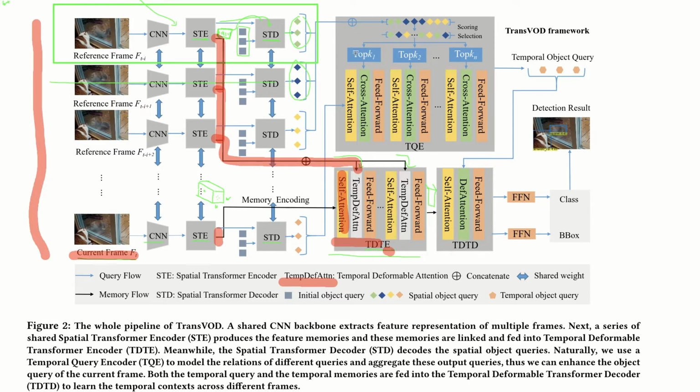Now we look into the TQE, which stands for Temporal Query Encoder. As input, it gets the spatial object queries from the current frame, and it consumes all the other object queries from all the other frames, t-1, t-2 and so on.